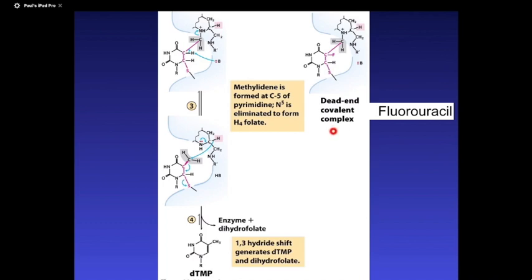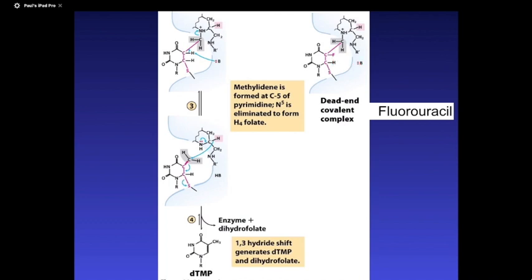This right here is a dead-end complex. Why? What's the difference? This base did what? Deprotonated, right? I have a base here, but what don't I have? A proton.